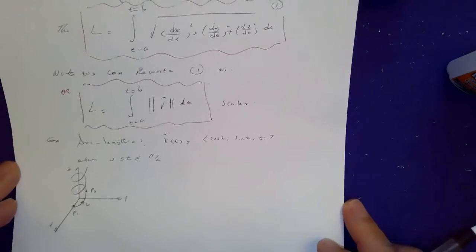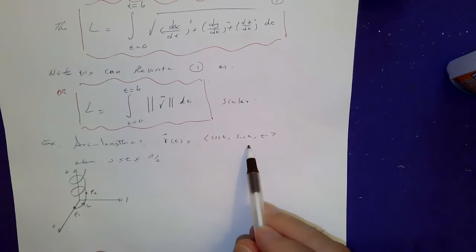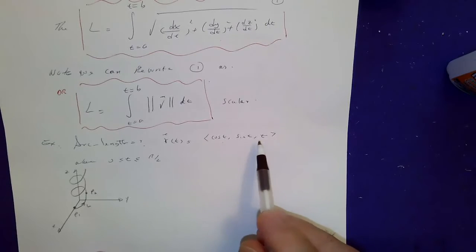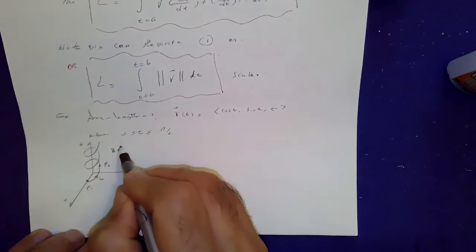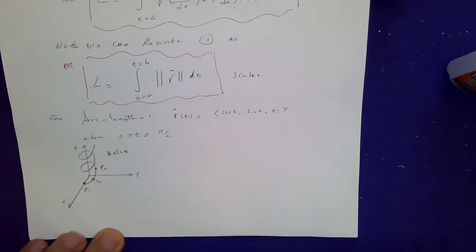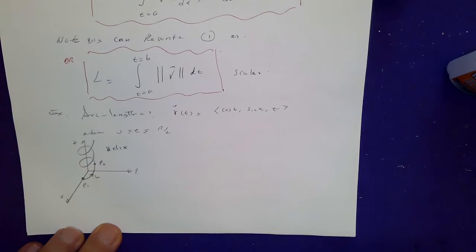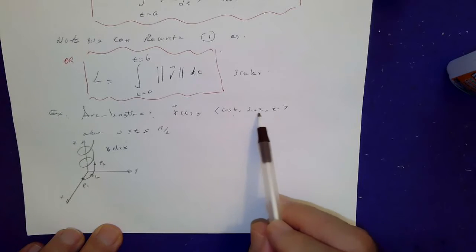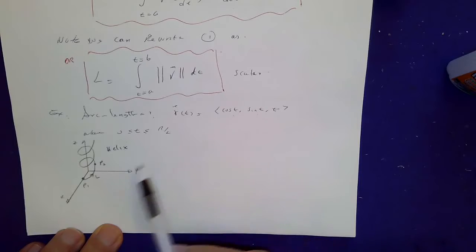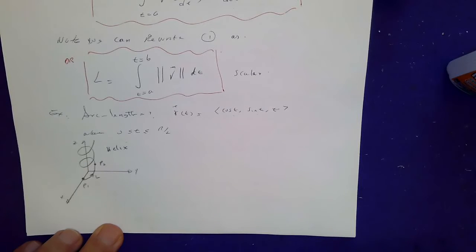If you remember way back in previous sections, we talked about this infamous curve, cosine t, sine t, t, which is called a helix. And this is how it looks. So the name is helix, right? It's kind of like a spiral which wraps around the z-axis because the z component has a t. If t was anywhere else, then the spiral would wrap around that particular axis.